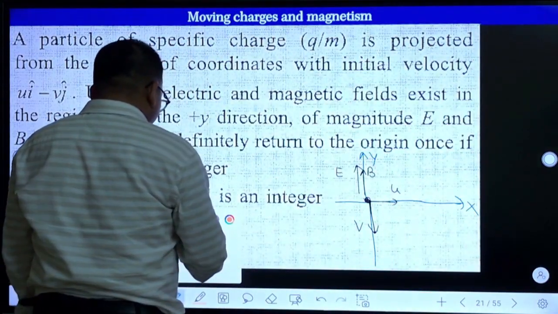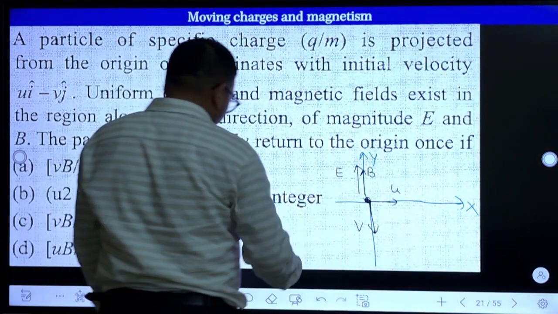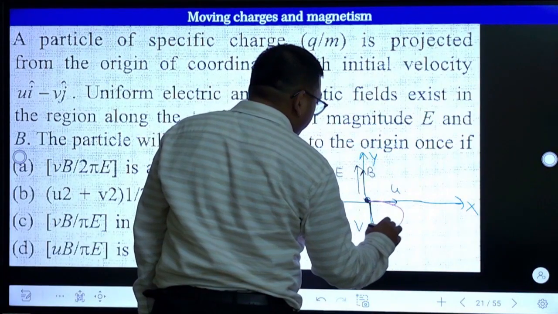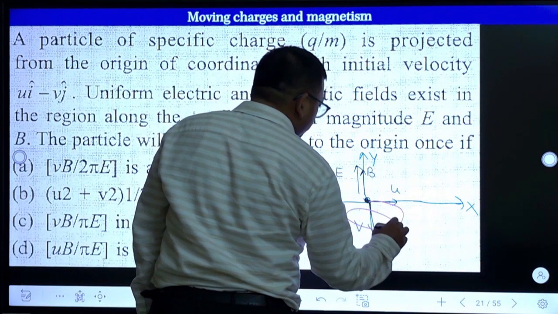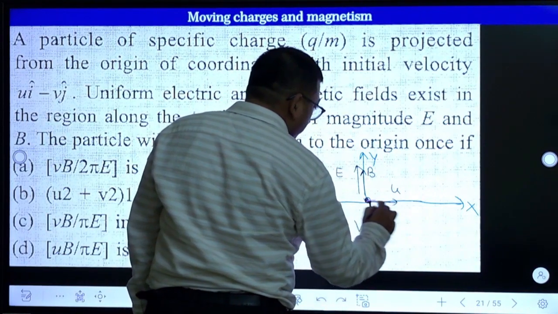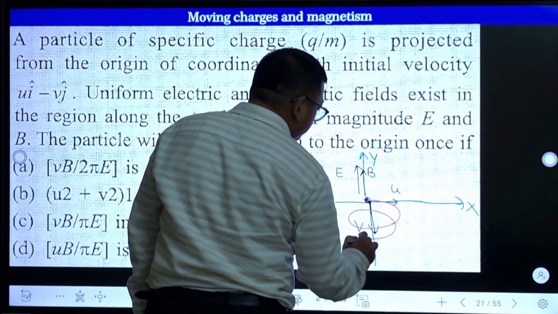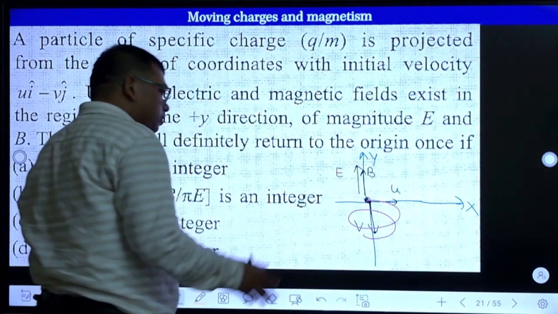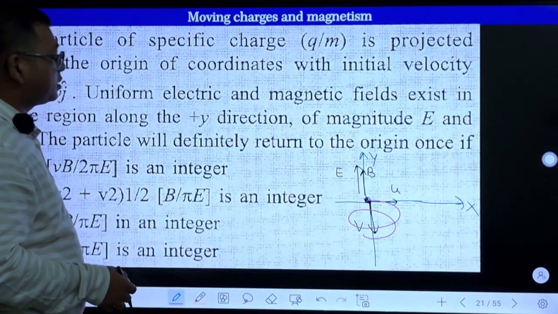What type of path will it be? It will be going like this. Helical motion will be there, but the pitch will decrease. Once it stops, it will return backward.